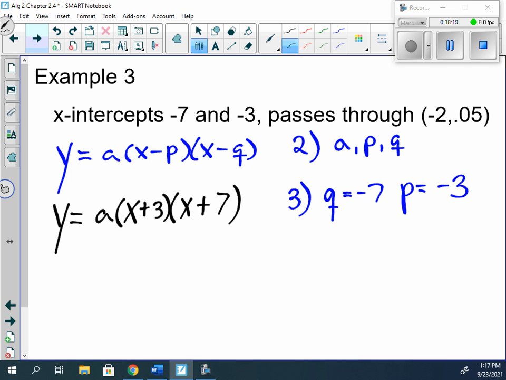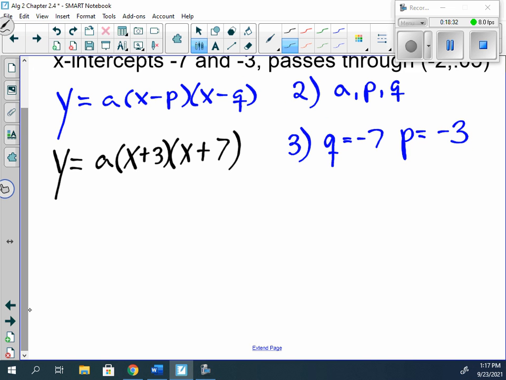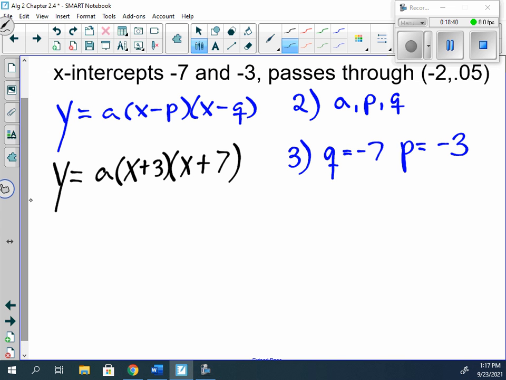Has this changed much from the previous two problems? No, it's just changing where we're plugging the numbers in, but we're still referencing back to the original problem. So again, the value that we still need to solve for is the value of a, yes? I still have a point that this goes through, and we can plug it in.